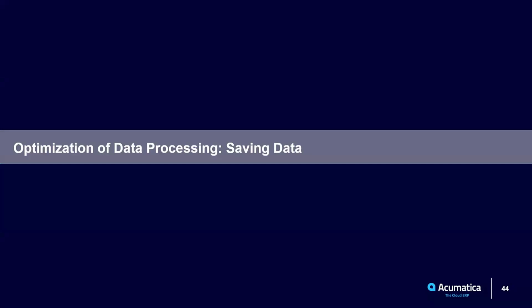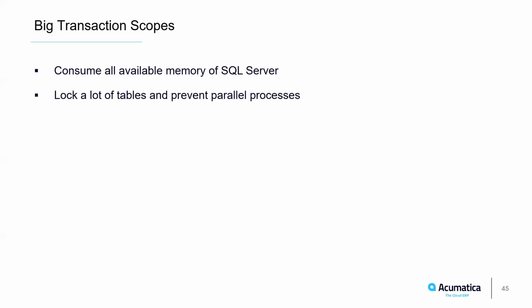Okay, so the last topic that I have is saving data to the database. So what can go wrong with saving data to the database? Let's say you have a big chunk of data that you want to save, you usually have it in a transaction scope. For all the financial applications, it's important to keep the data consistent, right?